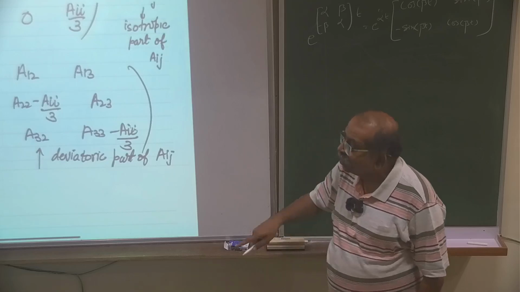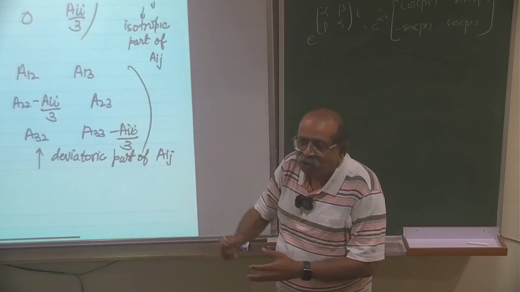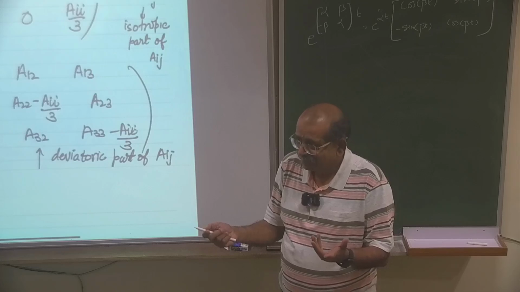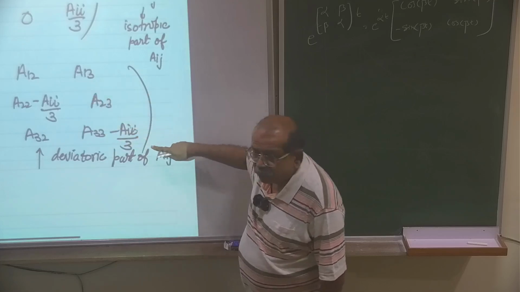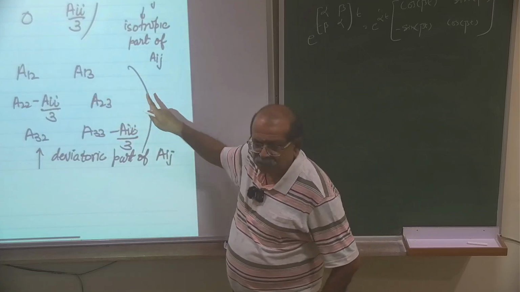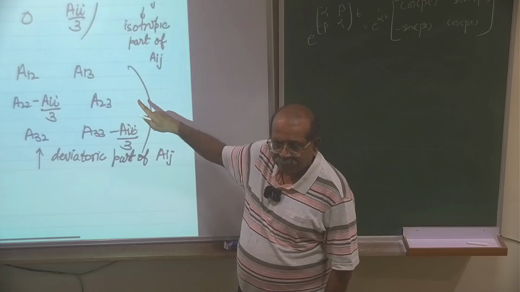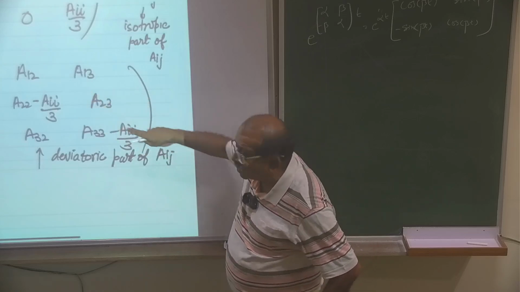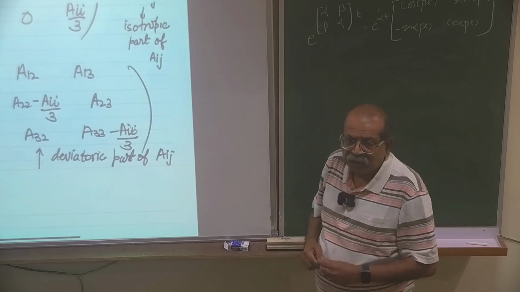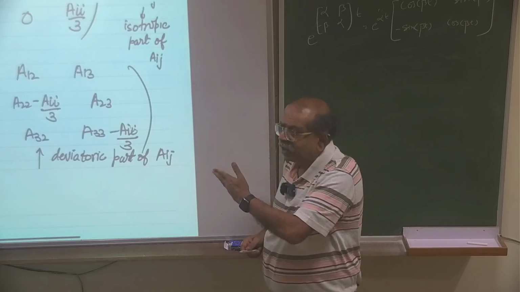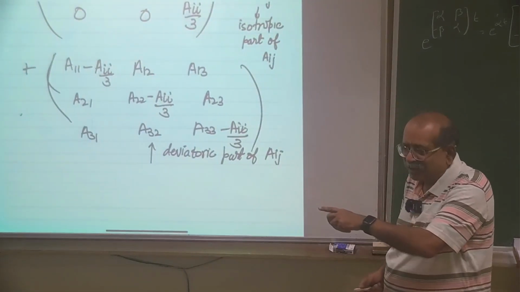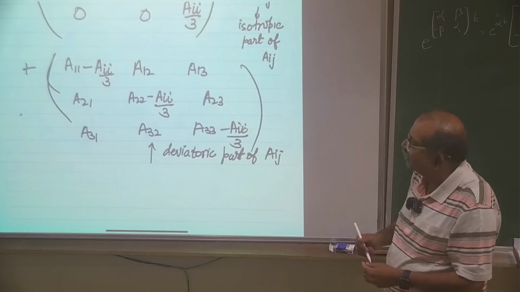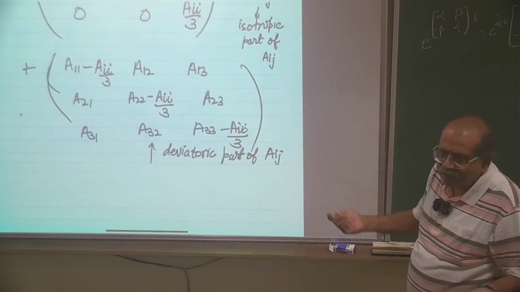So there has to be something in these 9 constants which is related. What is the trace of the Dij part, of the second part? Sum of the diagonal elements. That is 0. So that gives you the extra relation. When you break it up, you still have 9 independent components.